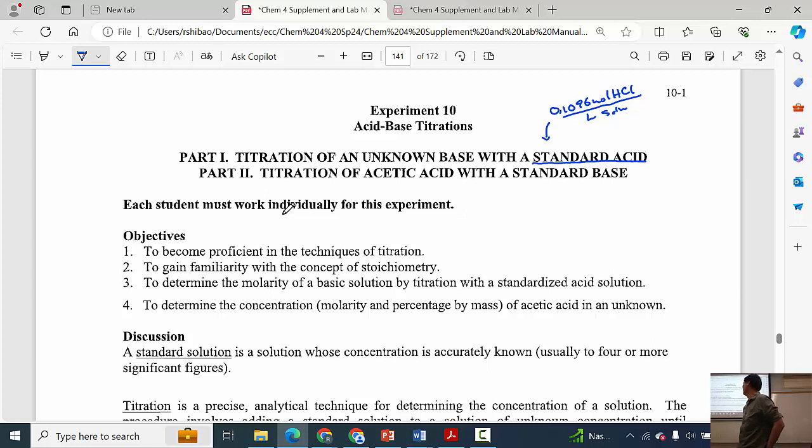How many moles of each component do you have dissolved in a liter of that mixture? And percentage by mass is also another common unit to express the composition of mixtures. Okay, of acetic acid in an unknown. So this is part 2.